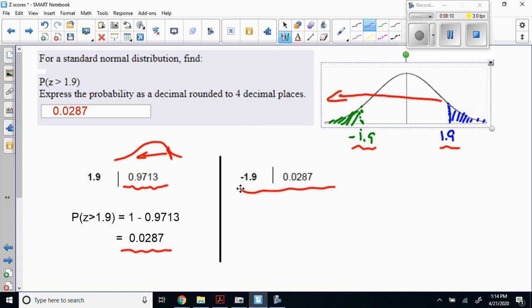So you got to know whether you're looking at values greater than, then it's easier just to take the negative of it because that's really what it's going to be, or find it and then subtract it from 1. You get the same thing. These are the same values. Do you see that?